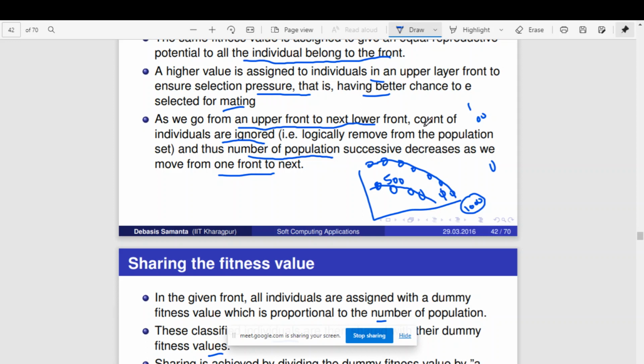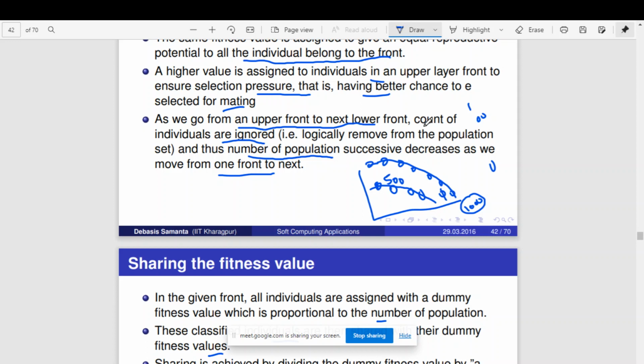So overall, what the algorithm does: first it ranks the individuals by identifying the Pareto optimal front, or we can call it the non-dominating front. It identifies different non-dominating fronts at different levels. The first level non-dominating front, front 1, will be rank 1, front 2 rank 2, front 3 rank 3, like that.